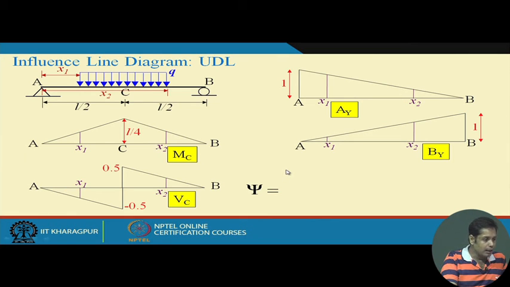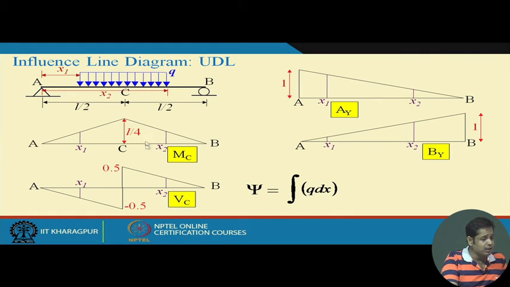When the loads were discrete concentrated loads, we used the summation sign. Now, instead of discrete loads, we have a continuous load, so the summation will be replaced by an integration. If we take a small segment here with length dx, then on that segment the load will be q dx. Suppose the corresponding ordinate here is y.